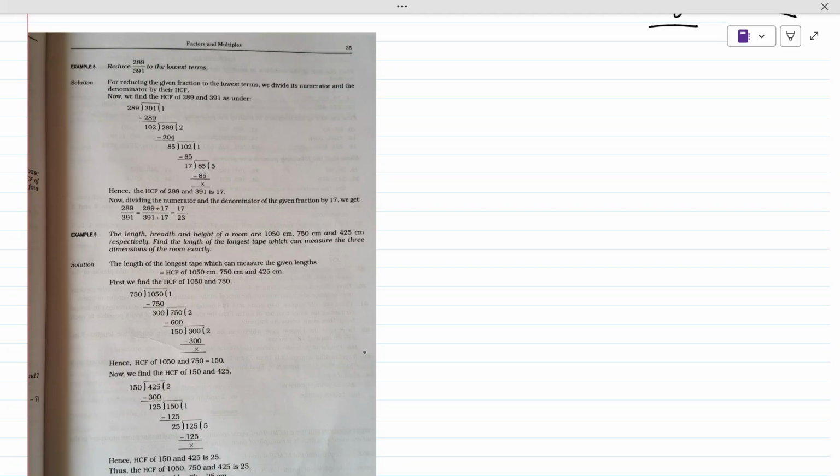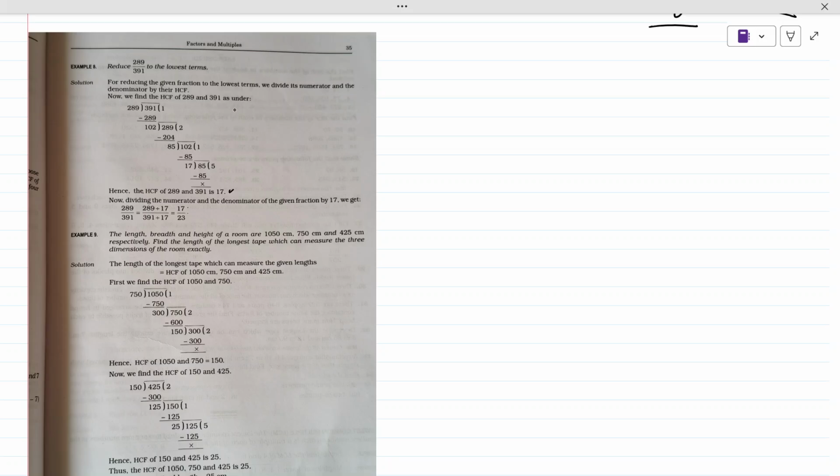So that means 17 is the number using which we have to divide both the terms to get the lowest terms. So now they have done the same thing and we have got the lowest term as 17 by 23. Okay, so I hope that you have understood here how we have done this question.